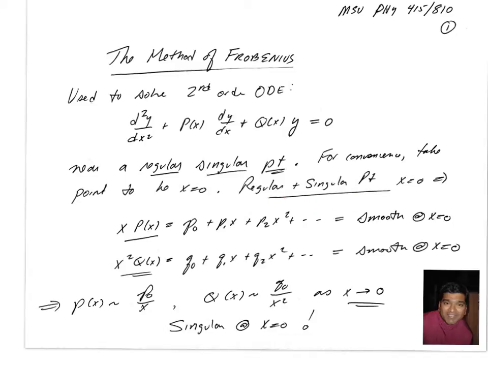For a regular singular point at x equals 0, x times p of x, not p of x itself, is a smooth function around x equals 0 and therefore has a Taylor series expansion. x squared times q of x, not q of x, but x squared times q of x, is smooth and has a Taylor series expansion. That means the function p of x can blow up like 1 over x near the origin, and q of x could blow up as much as 1 over x squared.